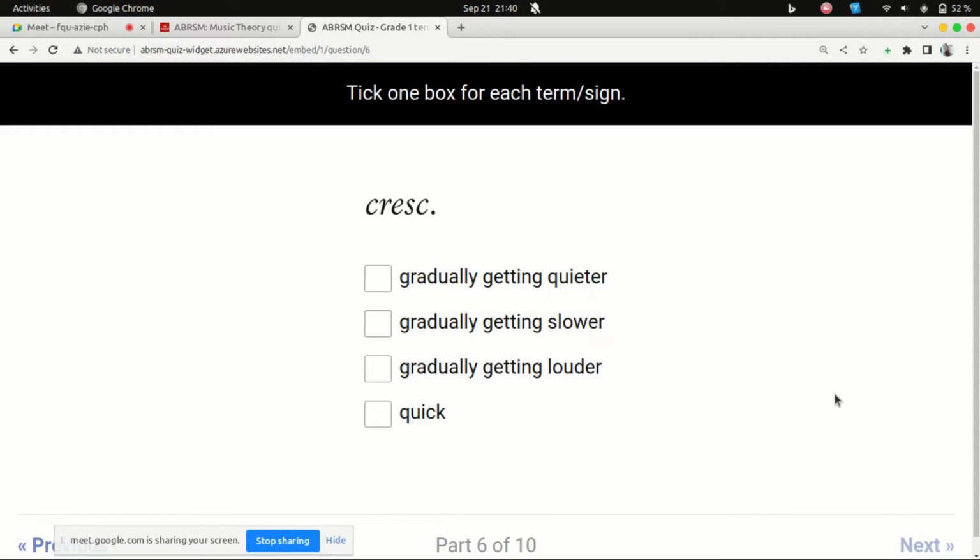Crescendo. Gradually getting louder. Dim. Gradually getting quieter.